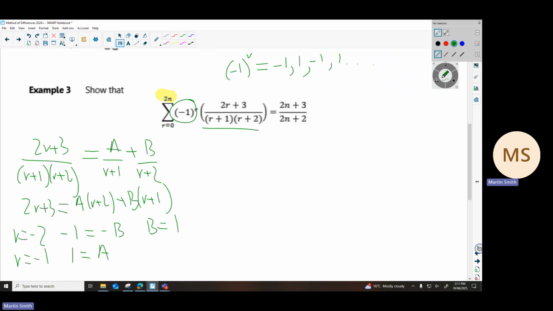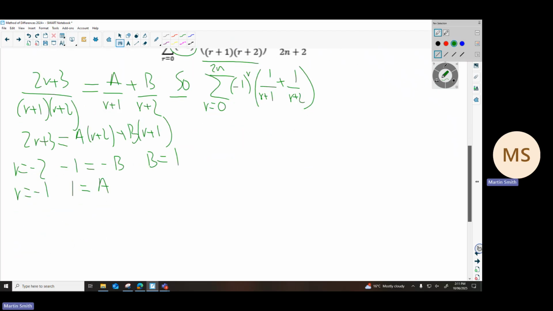So consequently, what I'm going to try to find is the sum. Now, please note in this case, it starts at r is 0 and the last term is not n, it is 2n. Still use the method of differences. Well, that's the same as minus 1 to the r multiplied by my partial fraction form, which is 1 over r plus 1 add 1 over r plus 2.